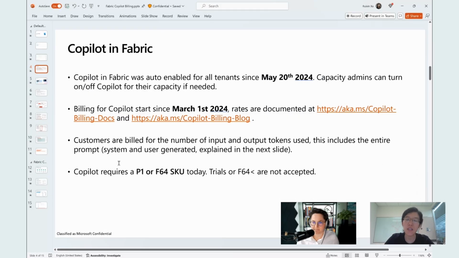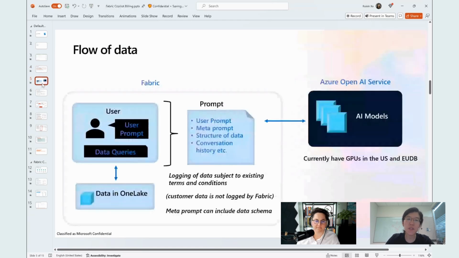I think OpenAI has a token estimator. You can input a text, and it will return the number of tokens for that paragraph. We also hear that some customers build internal tools to predict and estimate tokens. But in terms of Fabric, I would like to say this is something in terms of the flow of data.